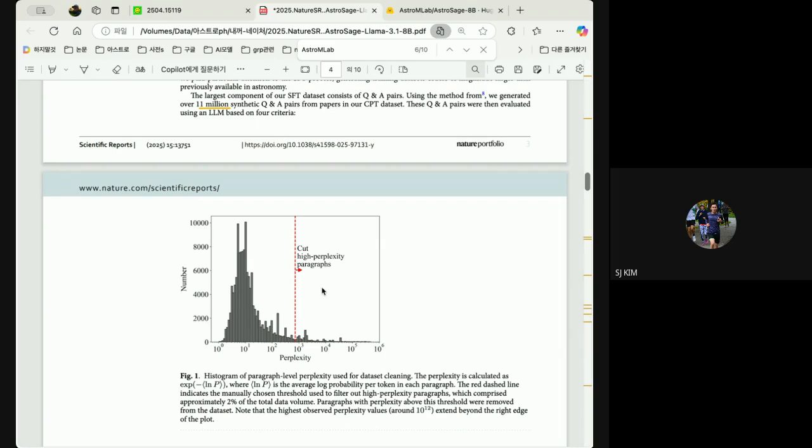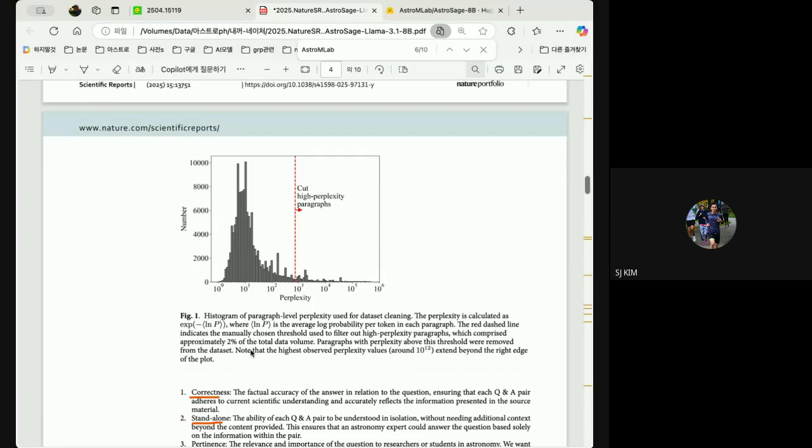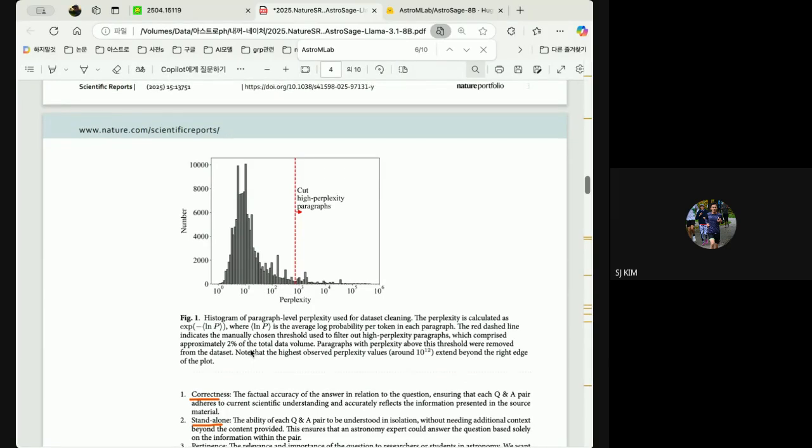Does the paper show that? I don't think so. This is for training, no? It's a part of training. Oh, this is just to prepare the training set, no? Yes, so this is nothing to do with whether the AI can answer the question.